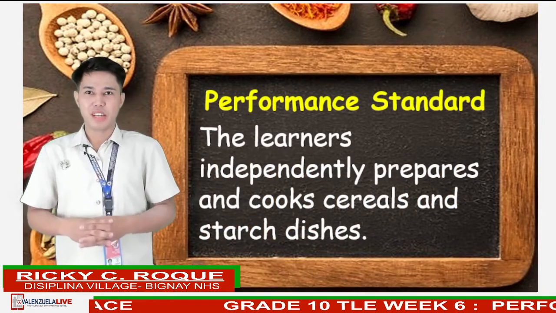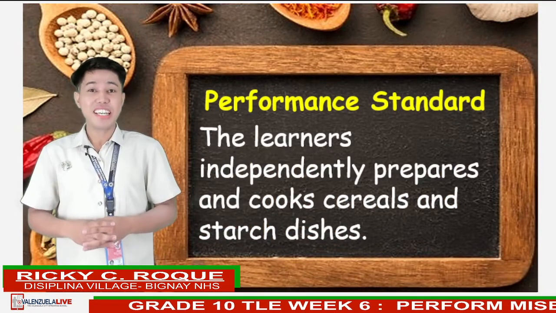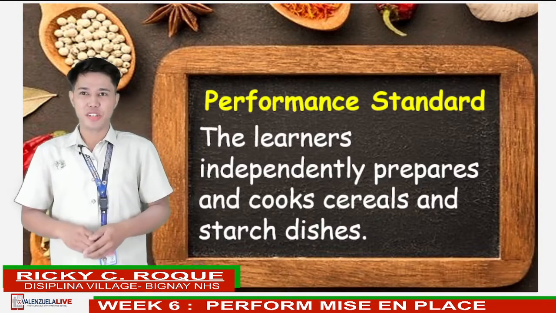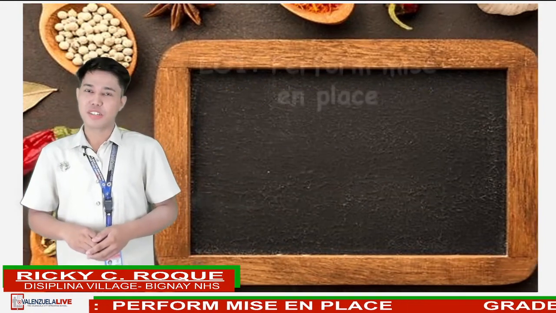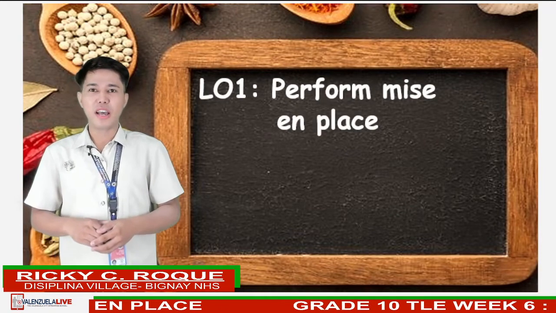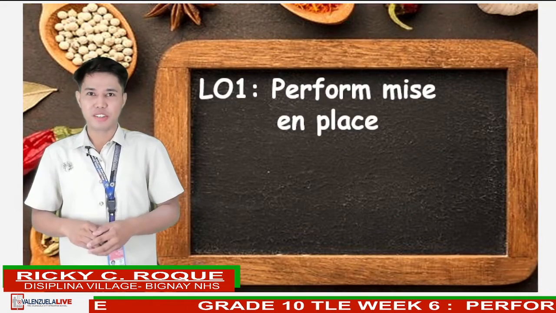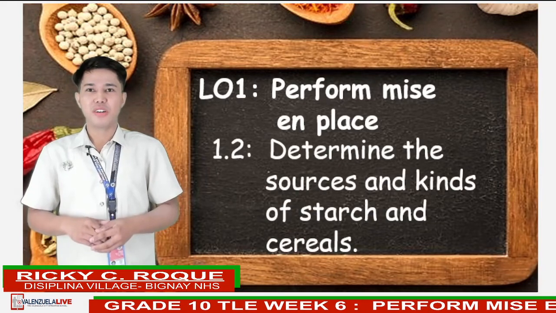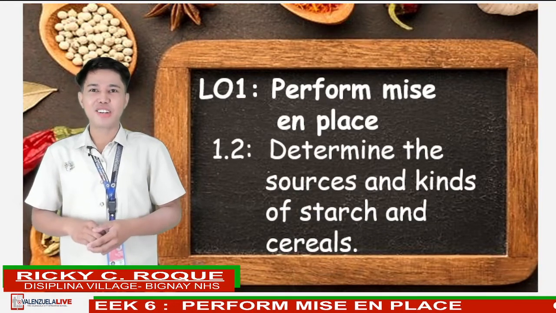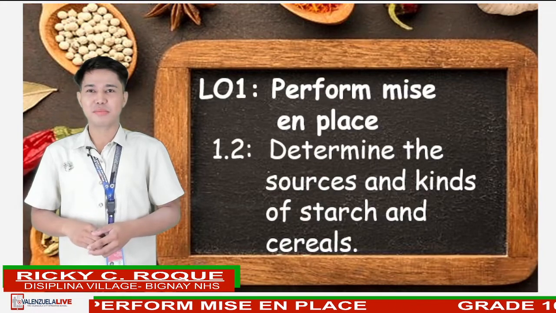For the performance standard, the learners independently prepare and cook cereals and starch dishes. Our lesson will be based on the learning competency LO1, perform mise en place, with a subskill of 1.2, determine the sources and kinds of starch and cereals.